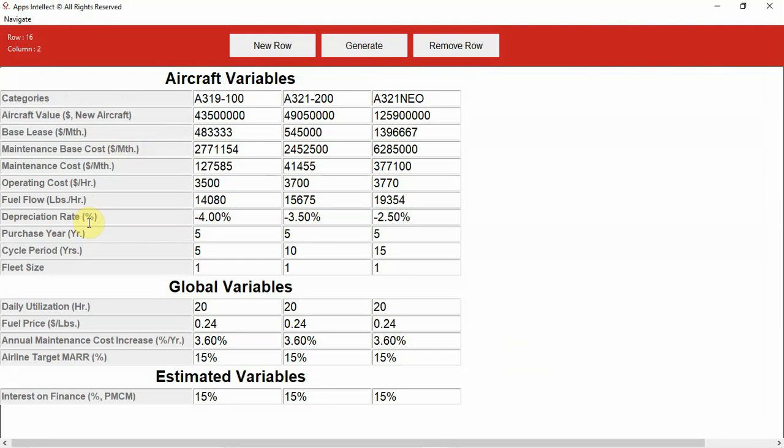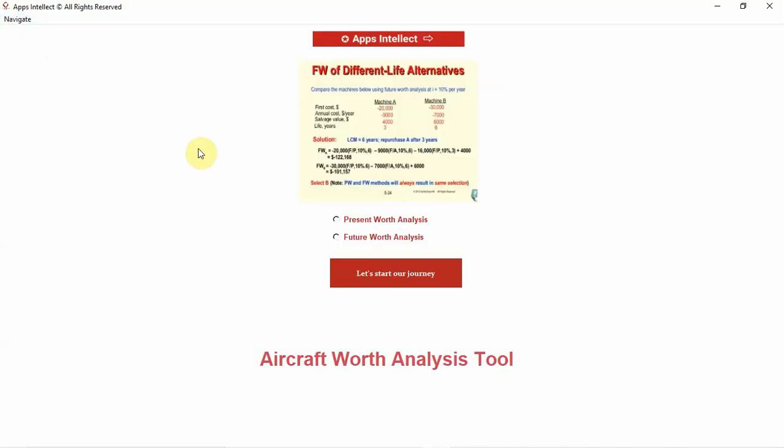There are three sub-scenarios: either you lease, or you lease and purchase, or you just purchase, and what would be the present and future worth of these aircraft. In the fleet size also, you can choose individual, as we saw in the future worth. We just took one aircraft type and one fleet per aircraft fleet type, and calculated the future worth.